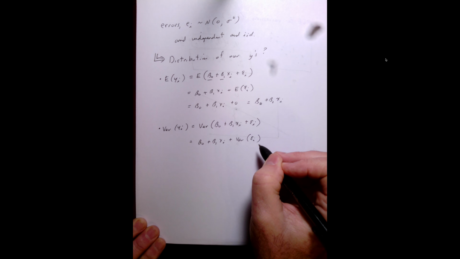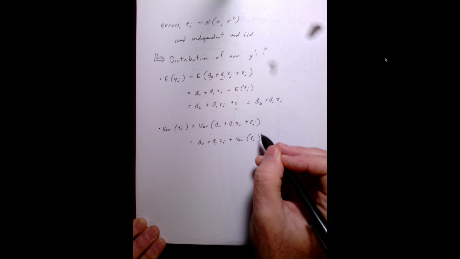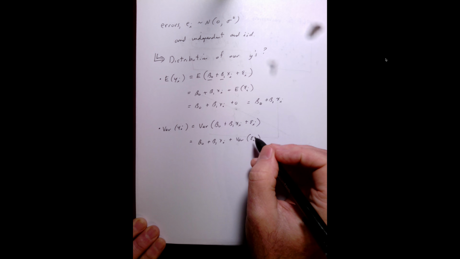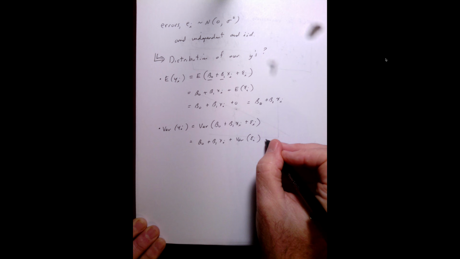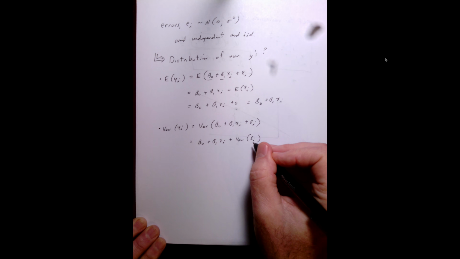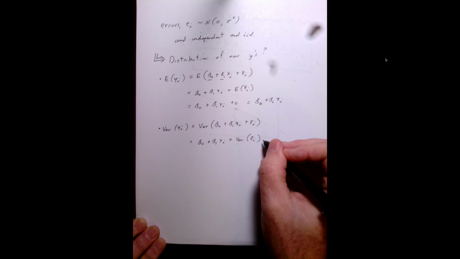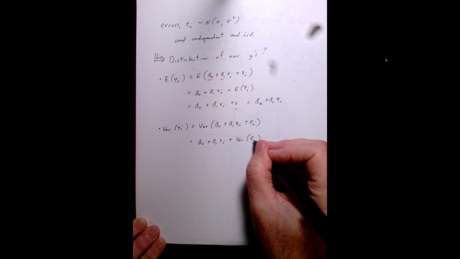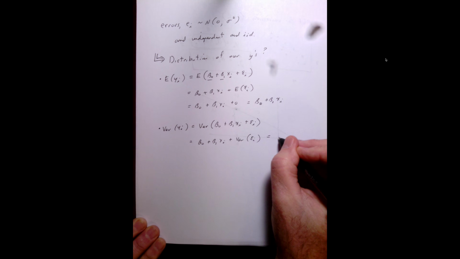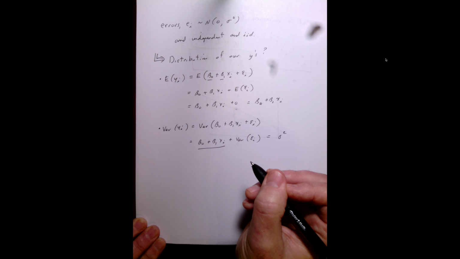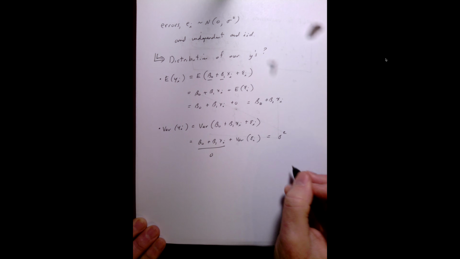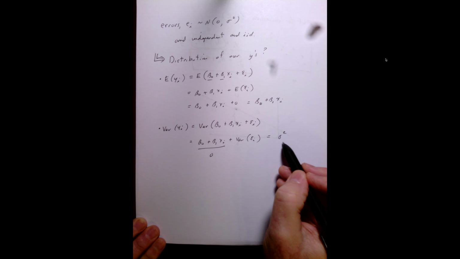Well, the variance of our e sub i's is just going to be 0. I think I stated that before, right? No, I'm sorry. Variance is sigma squared. So the variance here is sigma squared. Of course, these are going to be 0. So the variance for the y sub i's is just going to be equal to sigma squared, as we thought before.